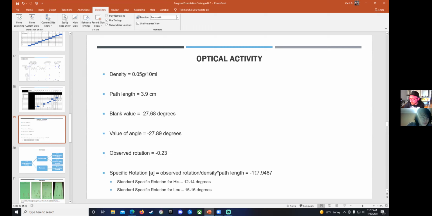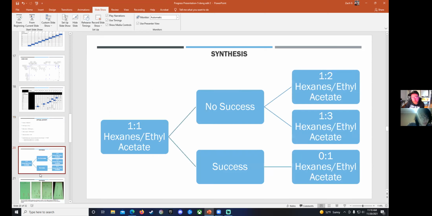Unfortunately, this number did not really do anything for us, because when we looked at the textbook values of the specific rotation of each of our individual aminos, we did not really see anything very useful. So overall, optical activity didn't really bring anything to the table for us.